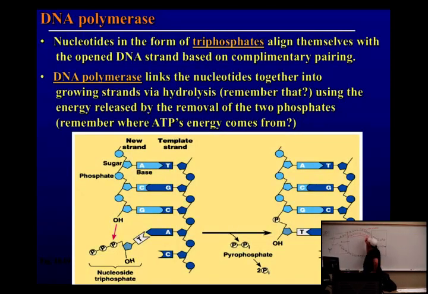Okay, so the DNA polymerase has to perform a reaction to add the next nucleotide. We learned this in chapter 5. What's the reaction called? So if we want to build a polymer, what's the reaction we have to do?